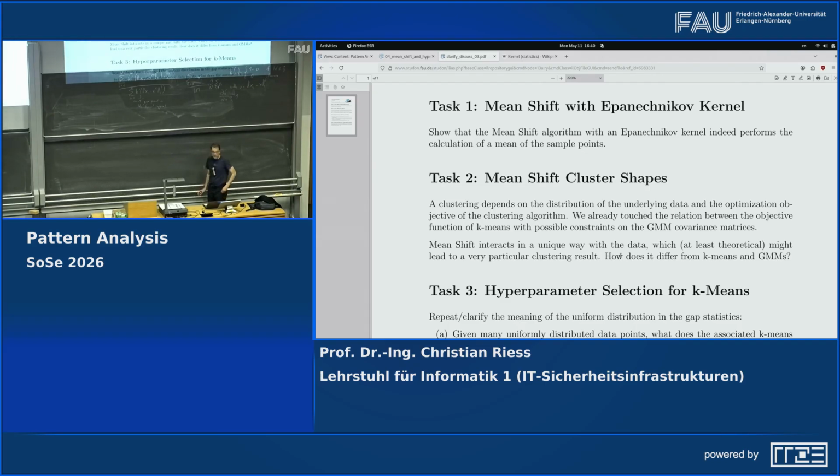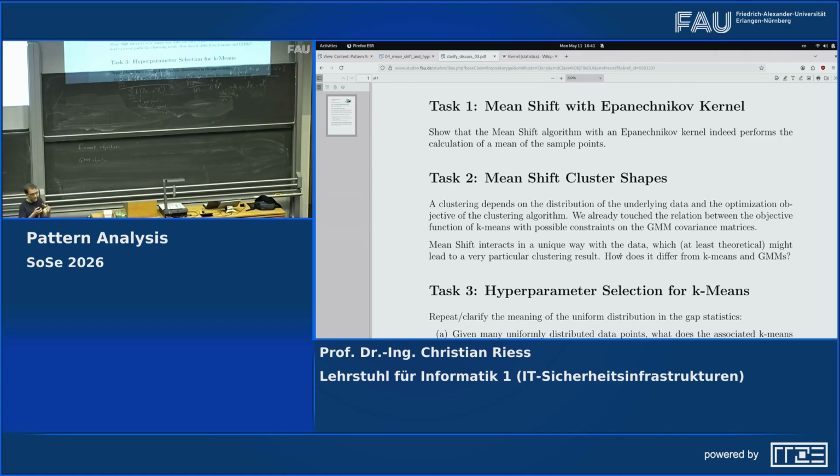Maybe before we start with this, let's recap k-means and the Gaussian mixture models really quickly. So the k-means objective, we can have a look at it. For k-means, what did we optimize there?